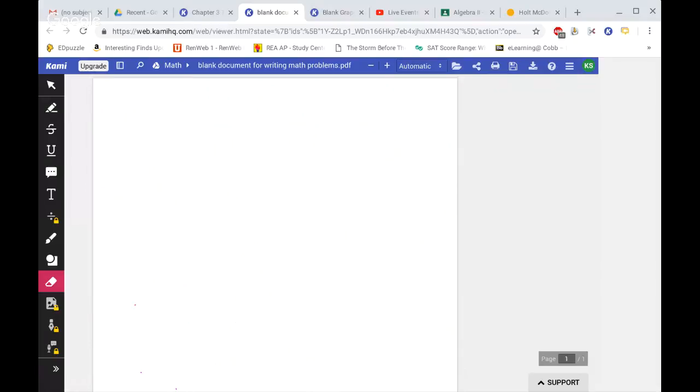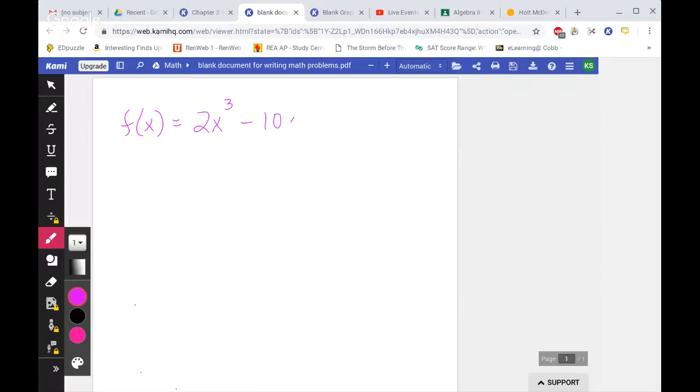Number 33, I can. So f of x equals 2x cubed minus 10x squared minus 71x minus 9. And what's the 0? The 0 is 9.